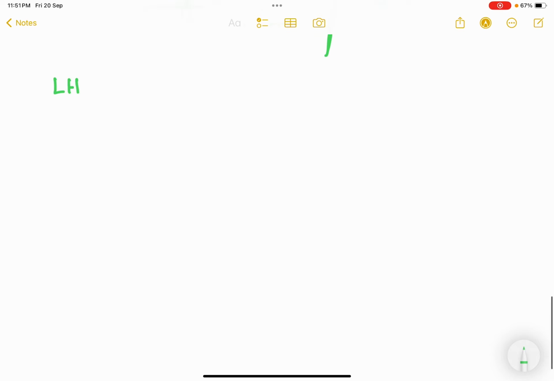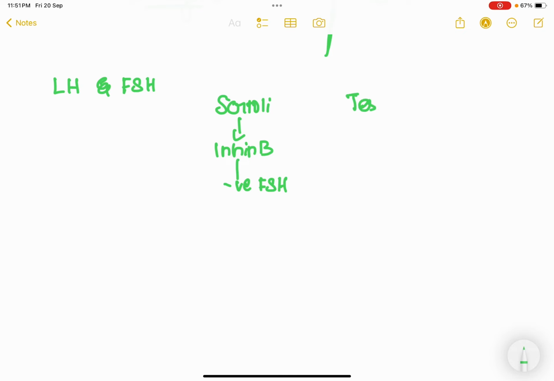When talking about the luteinizing hormone and the follicular stimulating hormone, what is important? We all know that Sertoli cells produce inhibin B, right? Inhibin B has a negative feedback on FSH. Similarly, testosterone produced by the Leydig cells has a negative feedback on GnRH and LH.